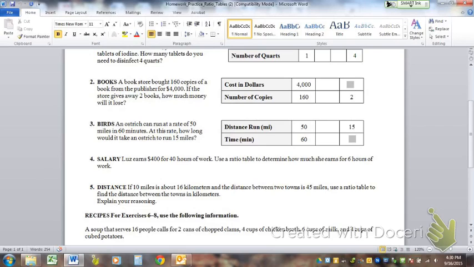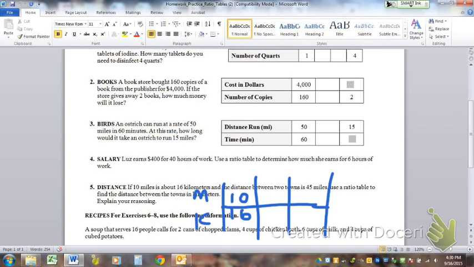So if we have 10 miles in 16 kilometers, this is miles and this is kilometers, and we want to know the distance between 2 towns is 45 miles.